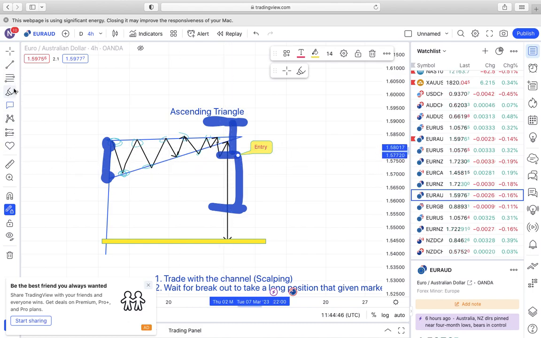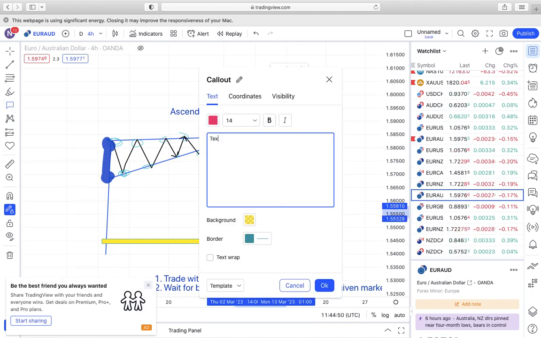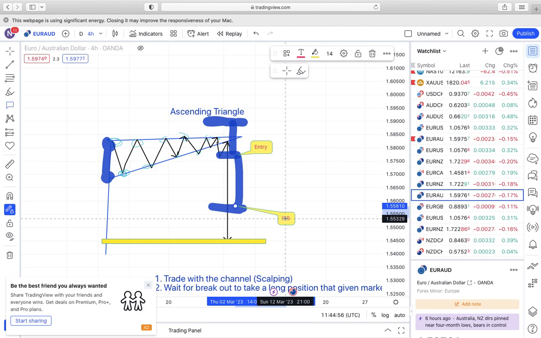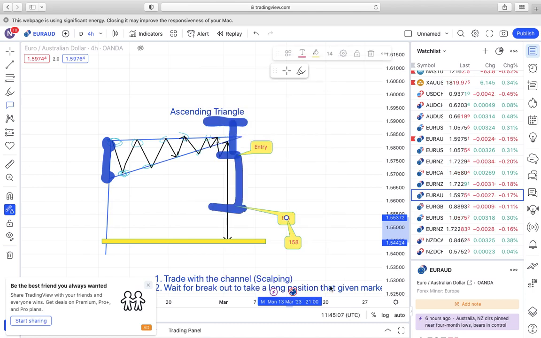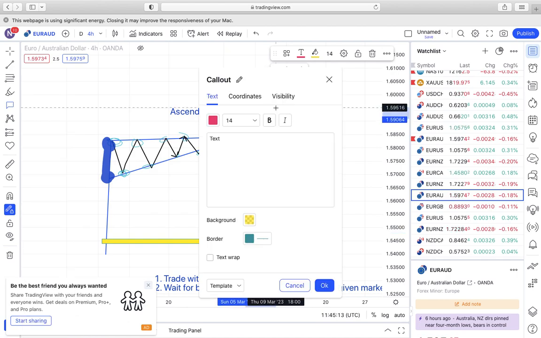Your guaranteed take profit is 158 pips. Let me name it again. At 158 pips, that one is your take profit. Then your stop loss will be somewhere here, which is 20 pips or 50 pips.